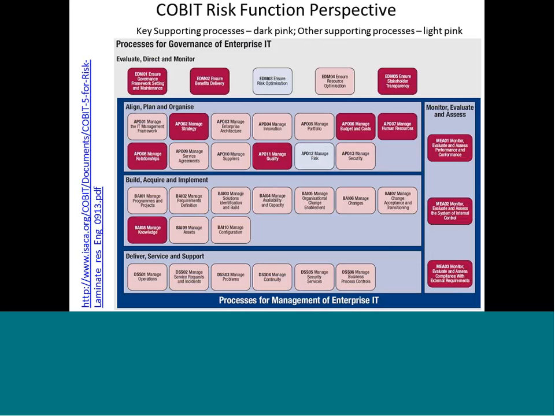And then in terms of monitoring, evaluating and assessing, which is in a sense the flavour of what we've been focused on in this webinar today, you've got MEA 01, 02 and 03. They're all relevant to the risk function. So again, if you look at the COBIT documentation on risk, you'll see that there's a lot of guidance that's now available.